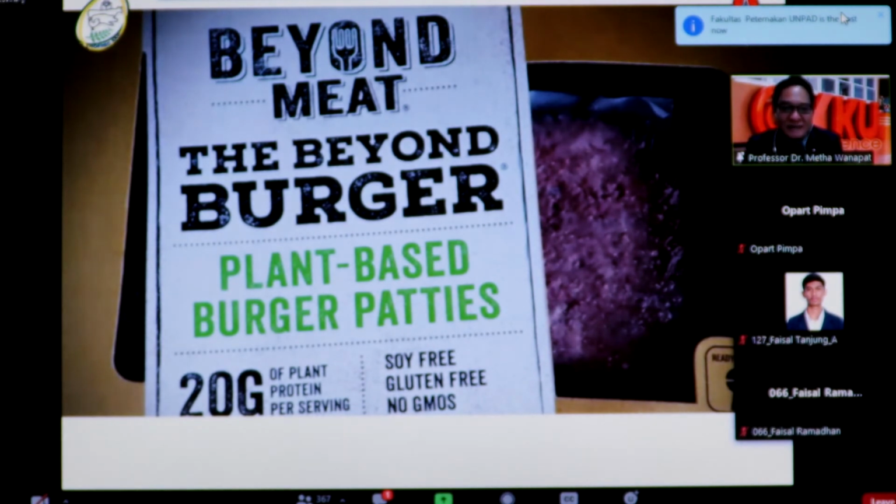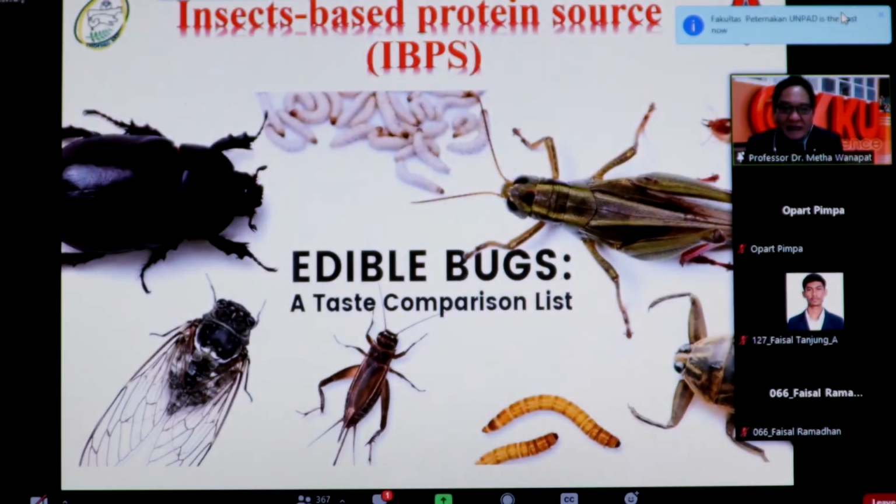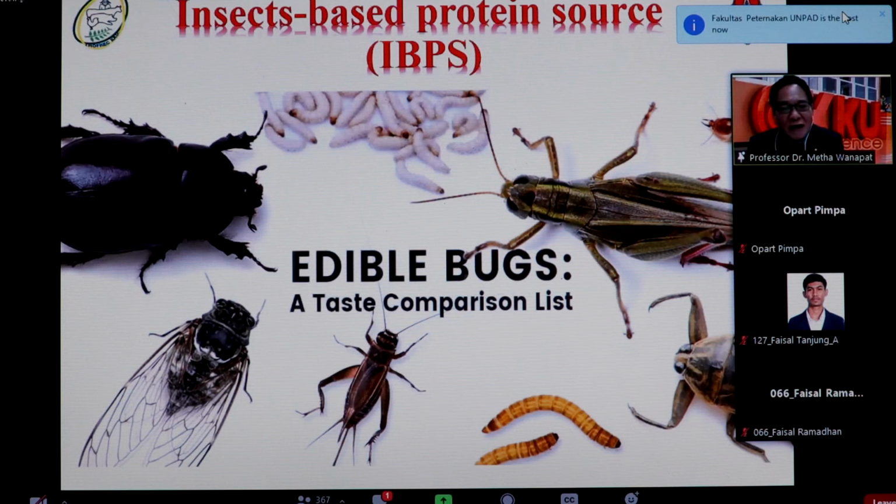You can see this kind of plant-based meat, and here are the insect proteins. It's a very hot issue. The Bioscience Journal is hosting a webinar on the 28th of September. I will be the first speaker to talk about insects on the 28th of this month.